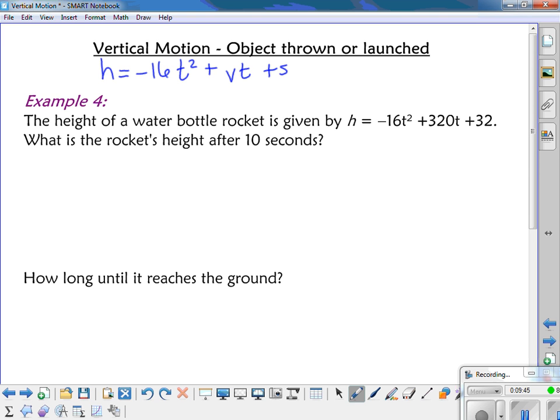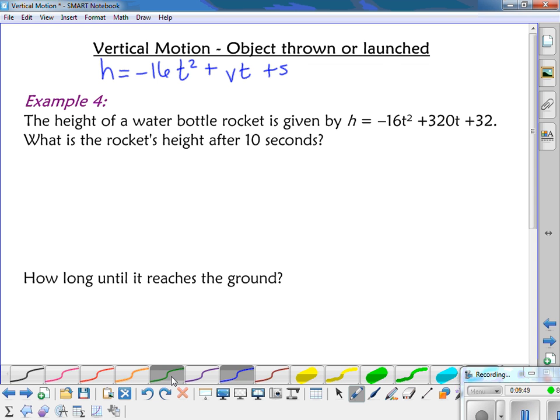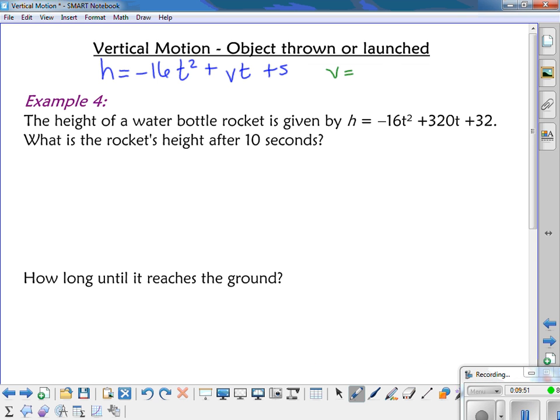And so the h, the s, and the t are all the same as the other one. The new one here is v for velocity, and that's in feet per second. So when you guys do these problems, it's going to be really rare that they actually expect you to figure out the equation. They almost always just give it to you.